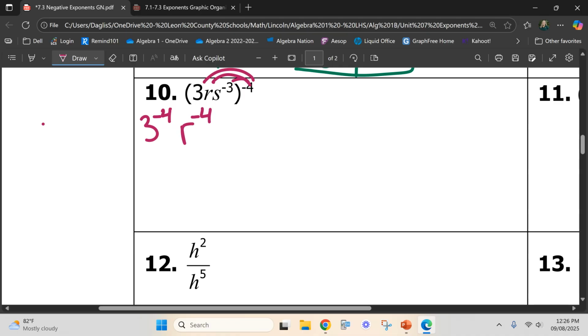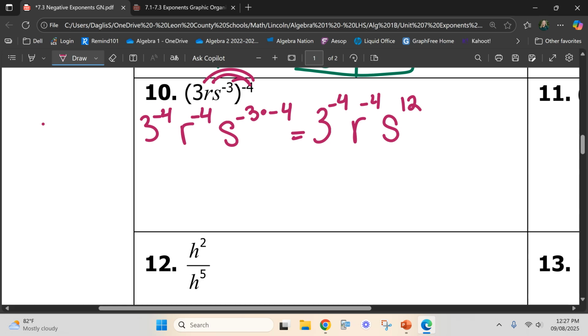And s has negative 3 times negative 4, and a negative times a negative is positive. Correct. So when I simplify my exponents, I still have 3 to the negative 4, I have r to the negative 4, but now I have s to the positive 12. Negative 3 times negative 4 is going to be positive 12.